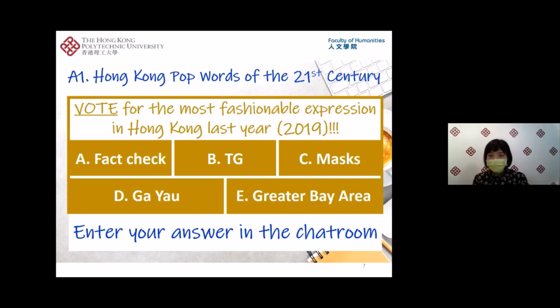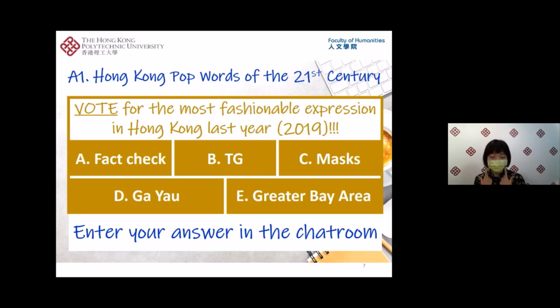So fact check is a process or action of verifying the accuracy of information. And B, TG, is a short form for tear gas, a term which can be found in a lot of social media and news reports last year.